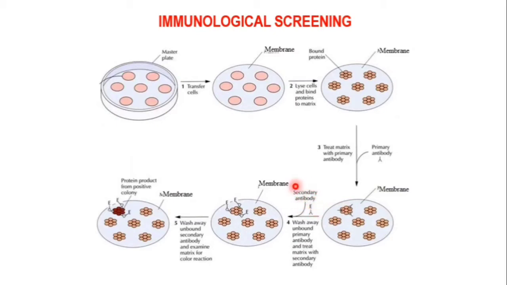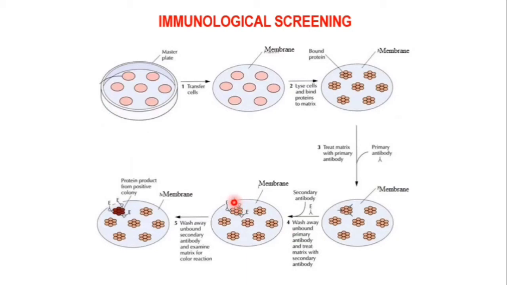This secondary antibody is specific to our primary antibody, and the secondary antibody will be labeled. When this secondary antibody is added to the nitrocellulose membrane, it will bind with the primary antibody present over here.